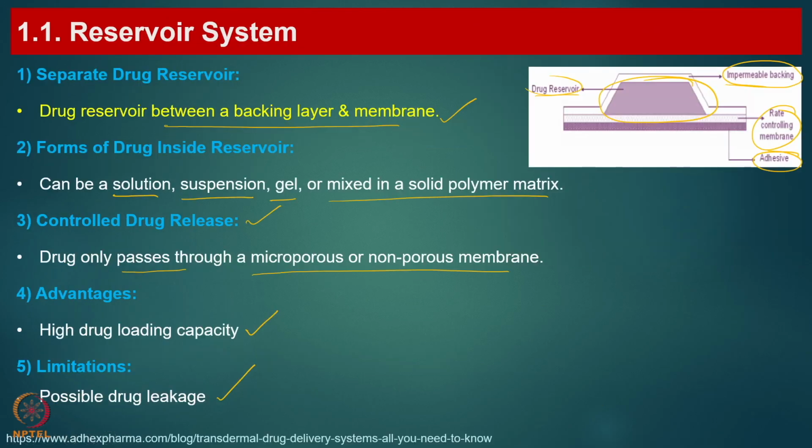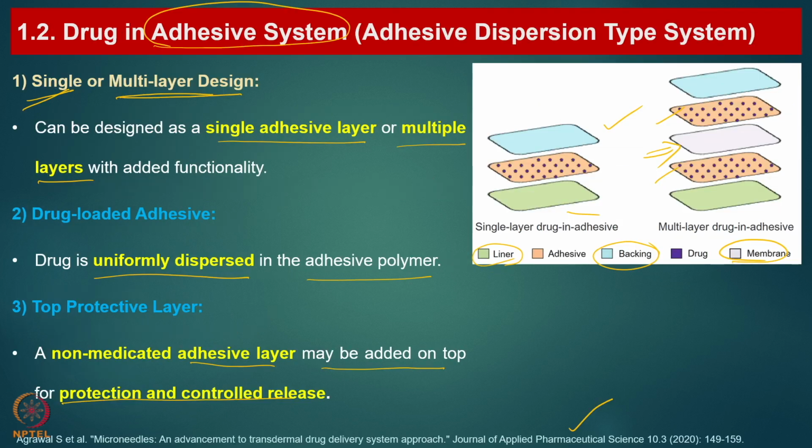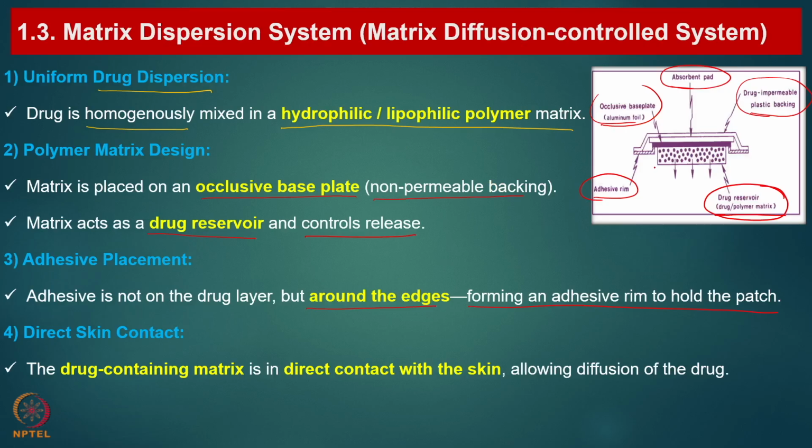Now, you can see in the reservoir system, we have the adhesive layer, and some membrane is also there. After the liner, we remove the liner, and adhesive membranes are there. With that we can attach to the skin, but here, on the outside, where it is in contact with the skin, you will not see any adhesive membrane.